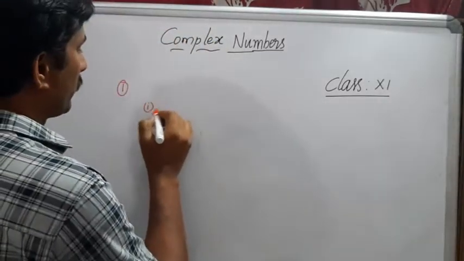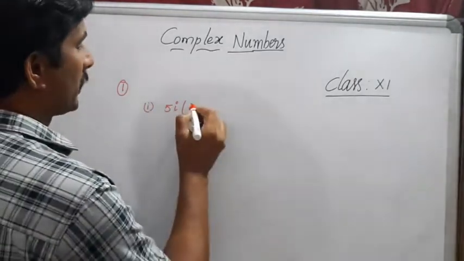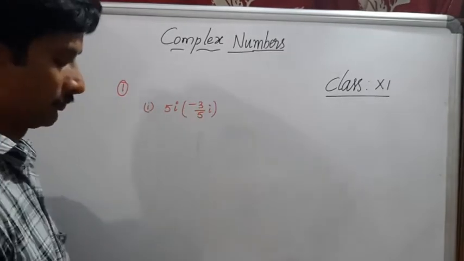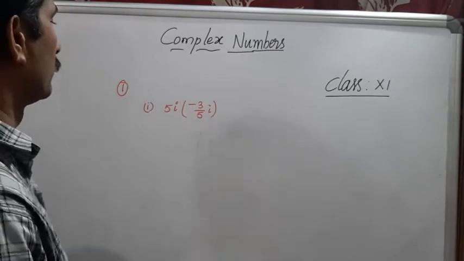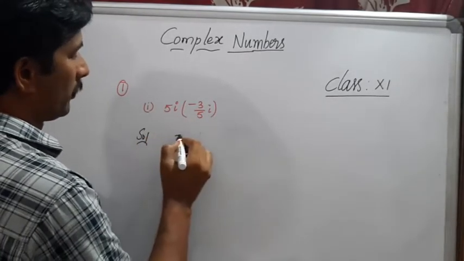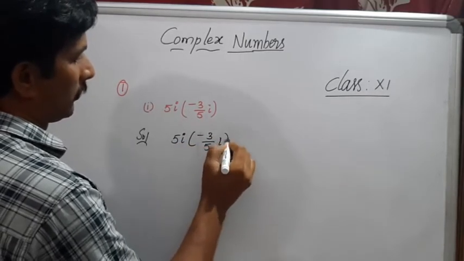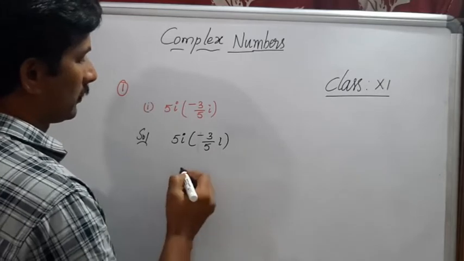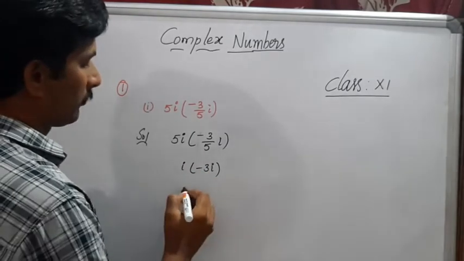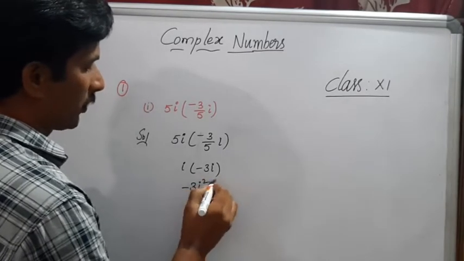The first bit is given: 5i into minus 3 by 5 into i. So now I'm going to multiply these two. Here 5 cancels, then we have i into minus 3i, multiplying with i into i square, so minus 3 into i square.